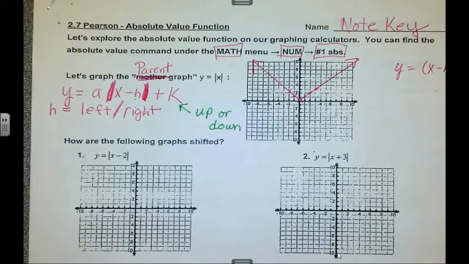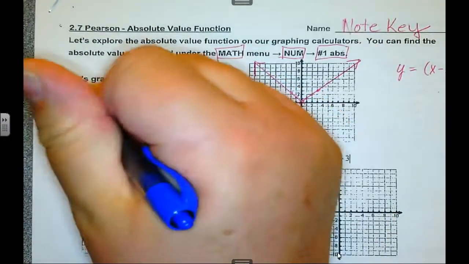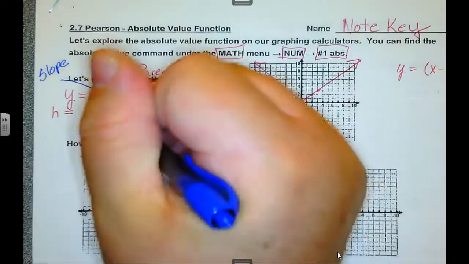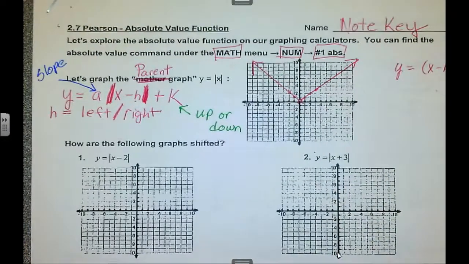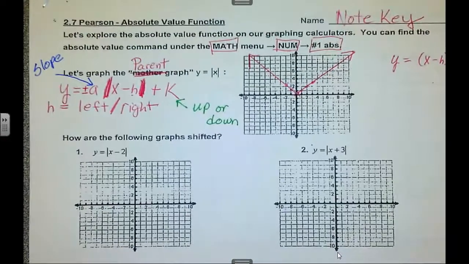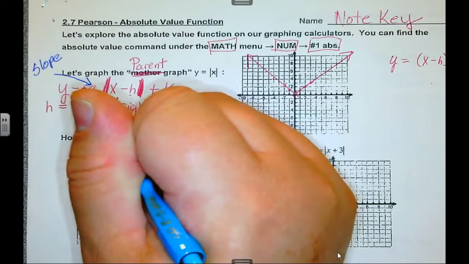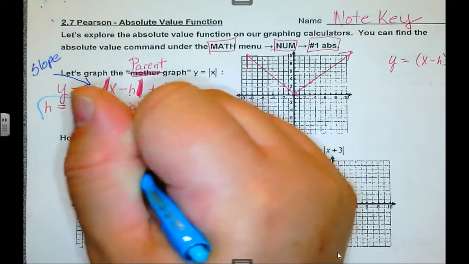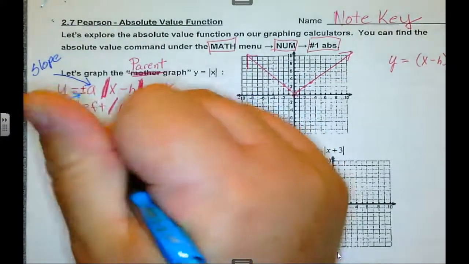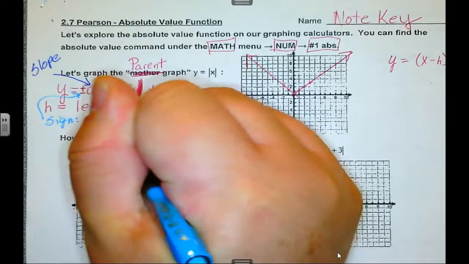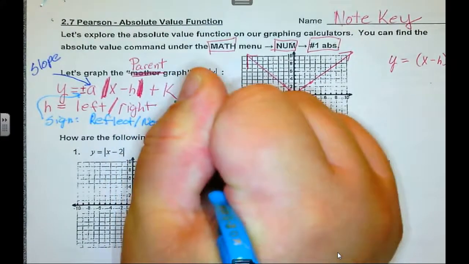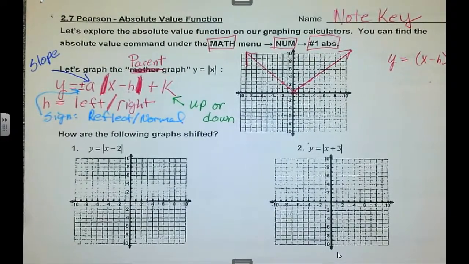A is going to tell me the slope, and the sign in front of A, we're either going to have a positive or a negative. The sign in front of A is going to tell me reflect or normal. The negative obviously is going to reflect.